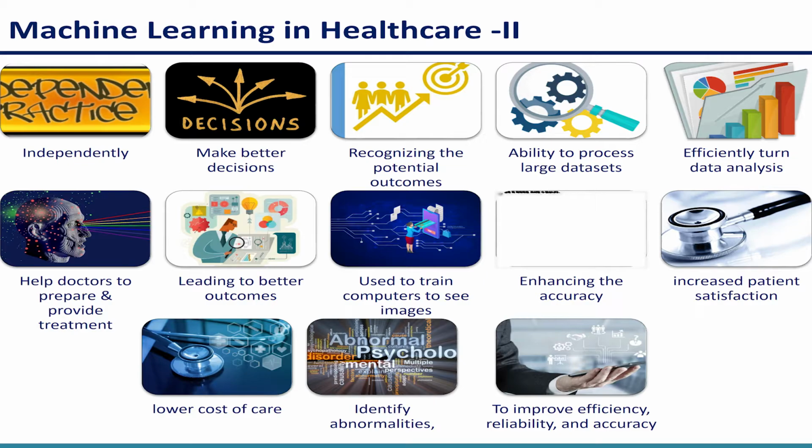Recognizing potential outcomes: can we predict what type of outcomes are going to happen based on the existing data, based on data analysis? Ability to process large data sets: machine learning can process large data sets, that is, big data.